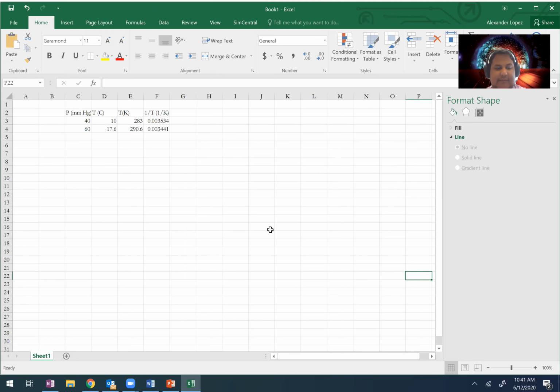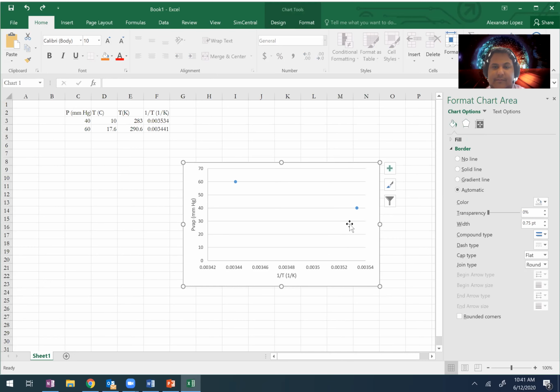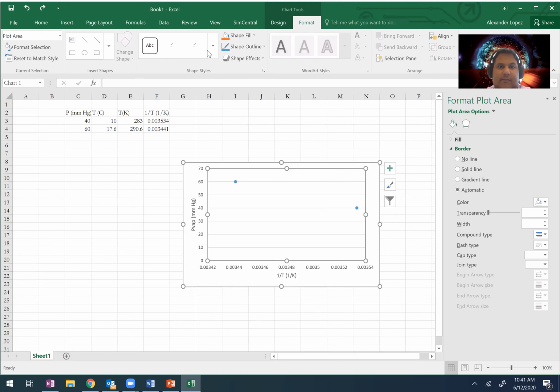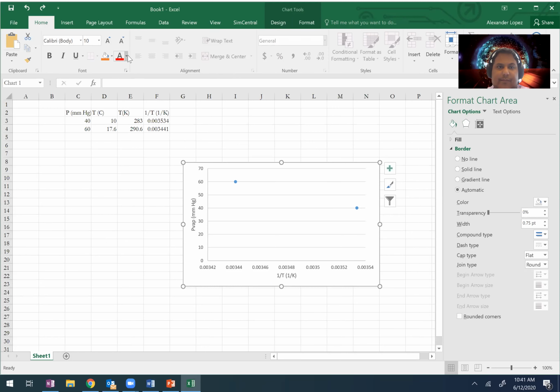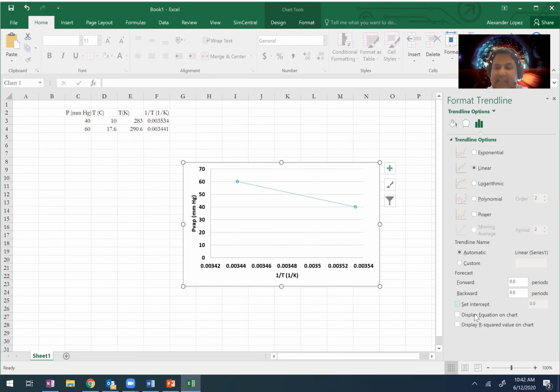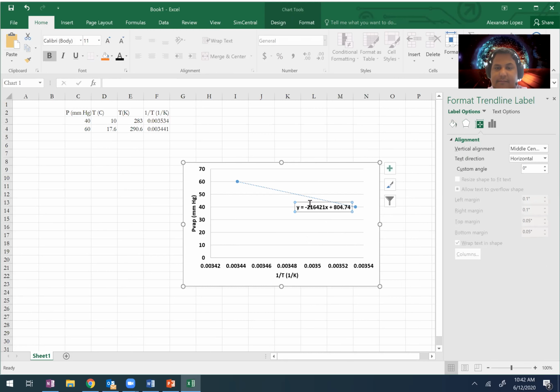And so it becomes really important, primarily when you go to calculate the slope and enthalpy of vaporization, to make sure you get those units right.